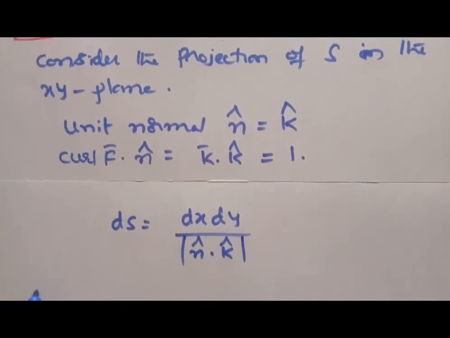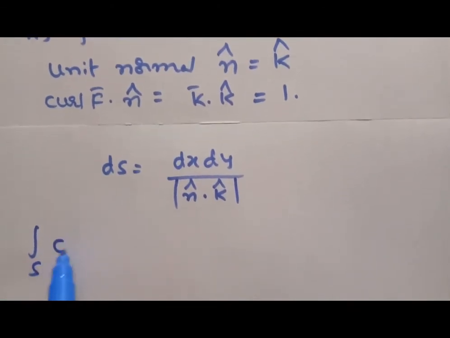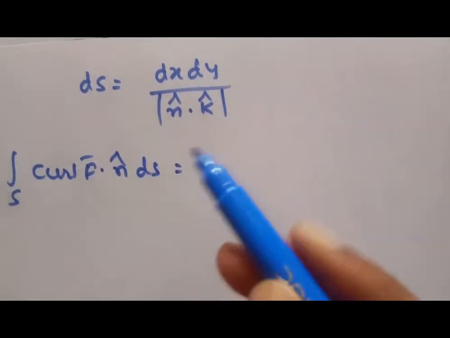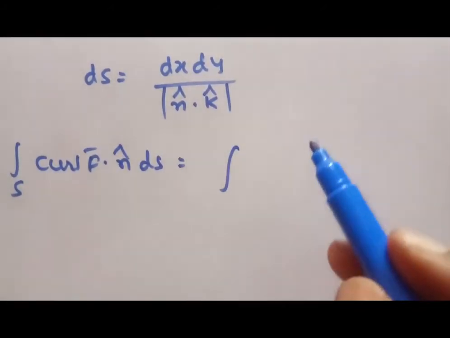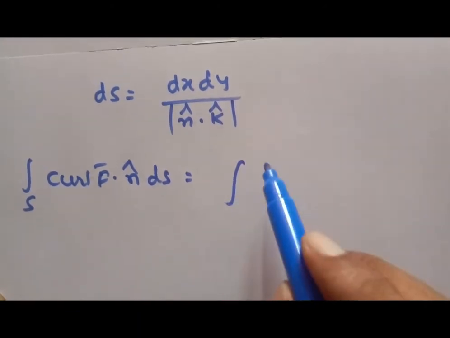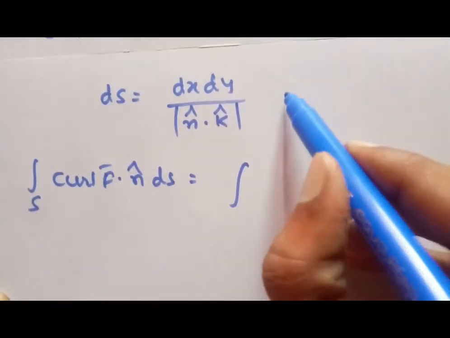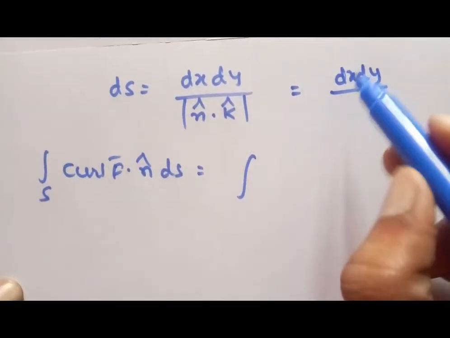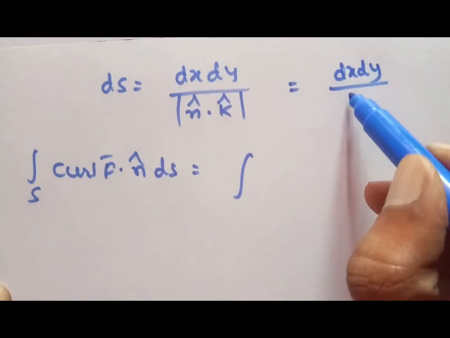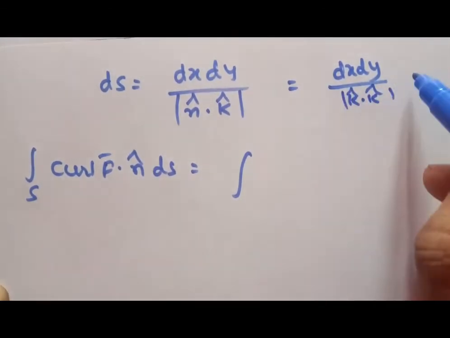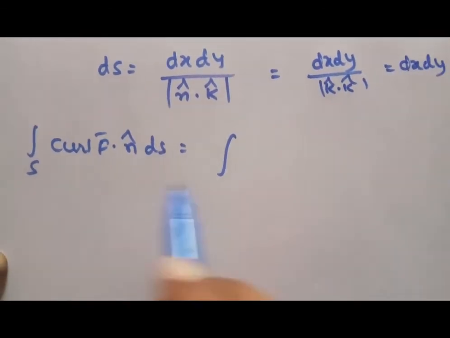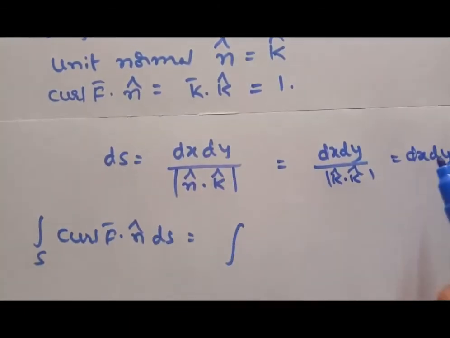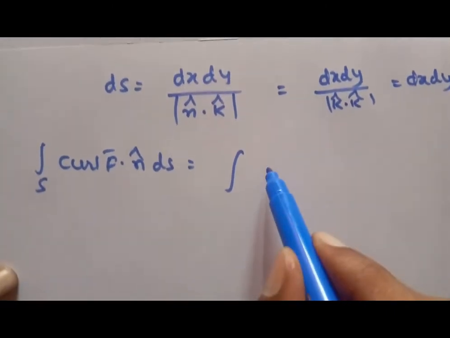Therefore the integral over S of curl F bar dot n cap ds is equal to the integral of curl F bar dot n cap, that is equal to 1. Here also dx dy by n cap dot k cap is also 1, since k cap dot k cap is equal to 1, so ds is equal to dx dy.